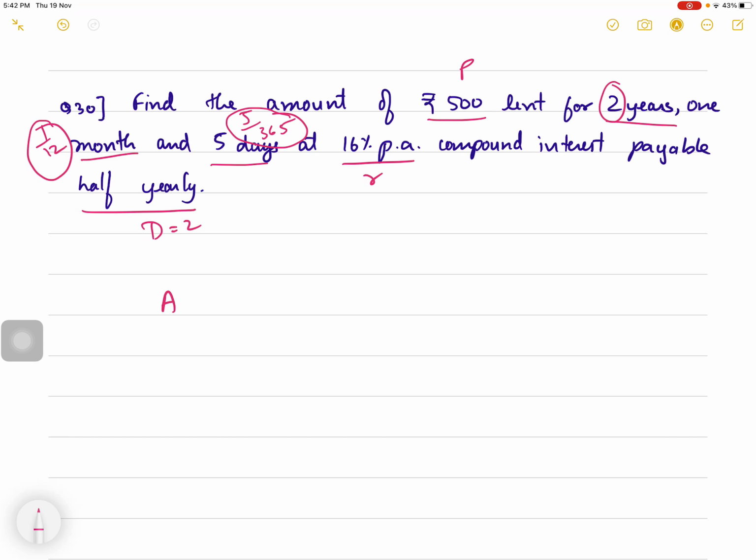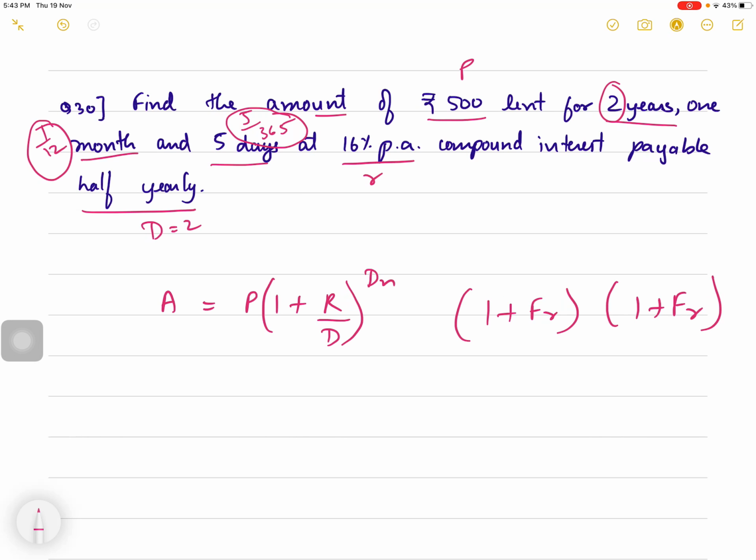Find the amount, you have to find amount A. So A is equal to P into (1 plus r by D) raised to D n, times (1 plus f r). f means fraction of a year, part of a year.